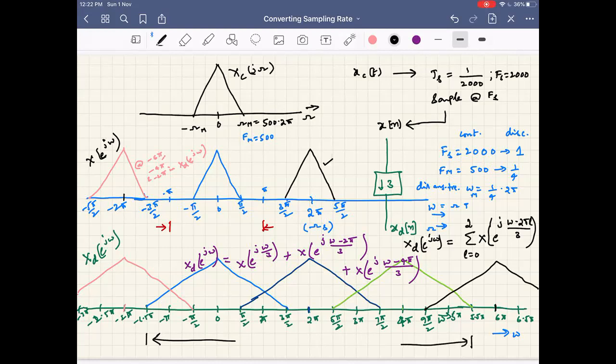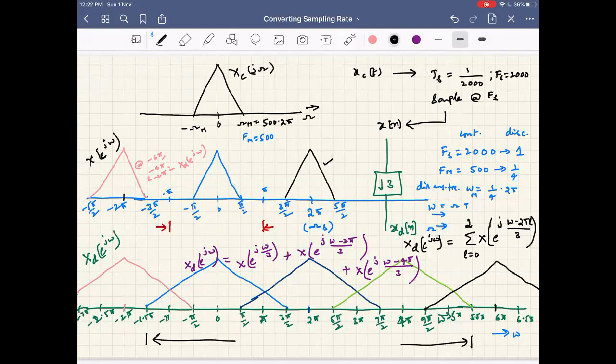But what has happened in this process of downsampling by 3 times? As anticipated, there is aliasing. Why did we anticipate aliasing?